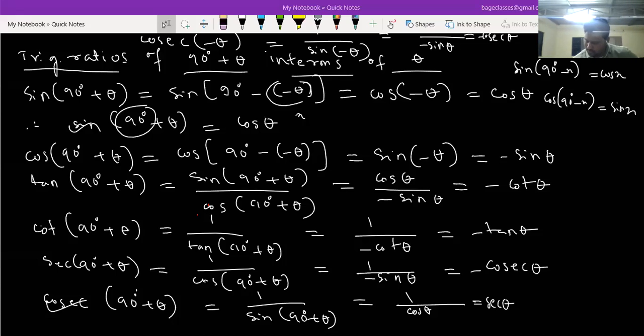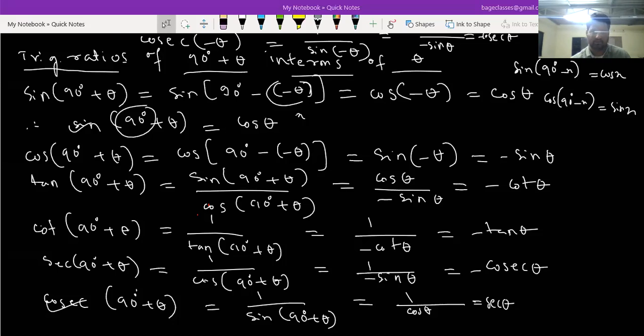So if we use the trigonometric angle 90, that is, we say odd angle, the trigonometric ratio will change to its co-ratios. That is, sine becomes cos, cos becomes sine, tan is cot, cot is tan, sec, cosec, cosec, sec, like this, right?